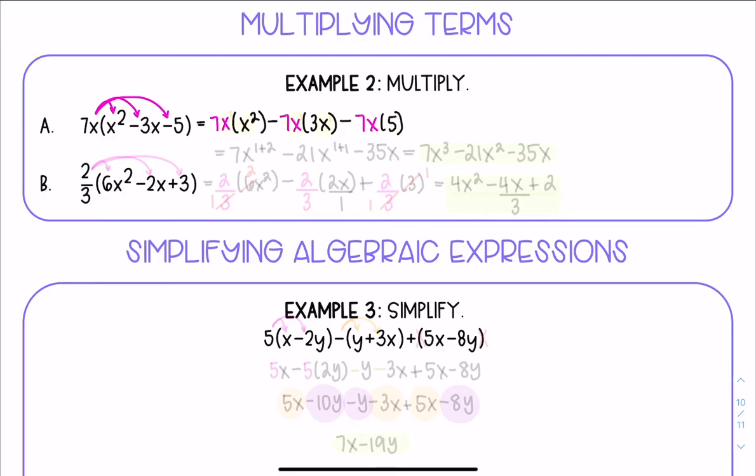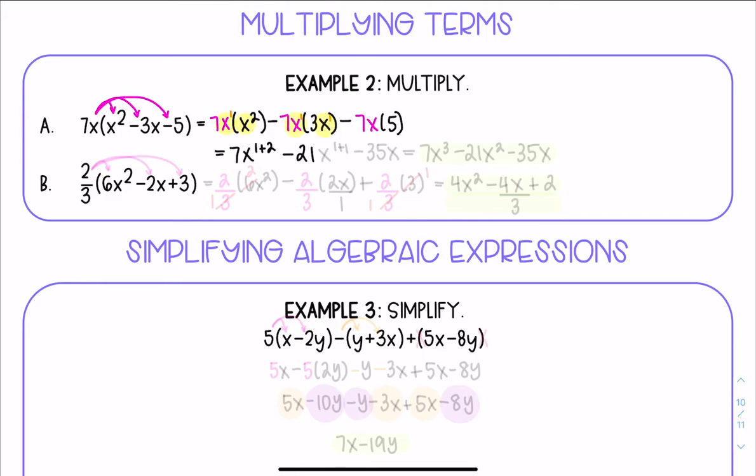And so let's look at this first term. We have a base of x, and we're multiplying so we can add the exponents. So we have 7x to the 1 plus 2. For the second term, we're going to multiply the 7 and 3 together, so we have 21. And then both of these have a power of 1.